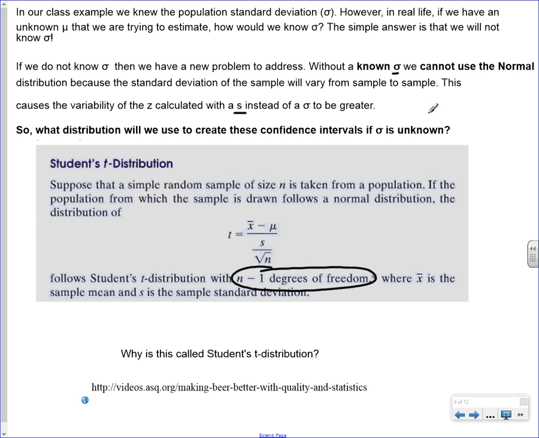And because of that, we have to use a different distribution when we're doing these confidence intervals for mu. Because I'm using S in place of sigma, and because S depends on sample size, because the larger the sample size, the less variation there is, I'm going to use something called the t-distribution.